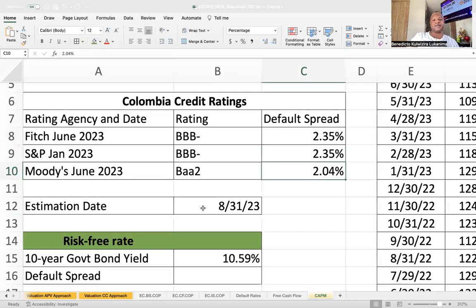We set the estimation date as on 31st August 2023. And this estimation date is important because it is where we set reference data.